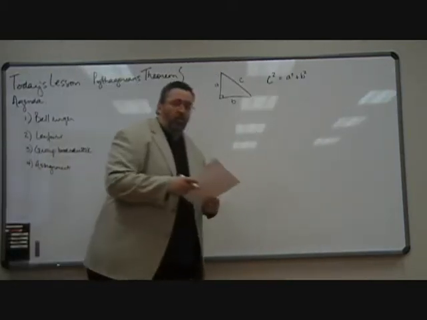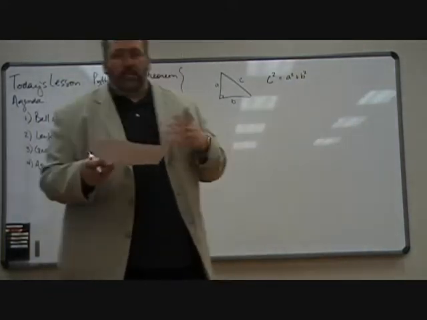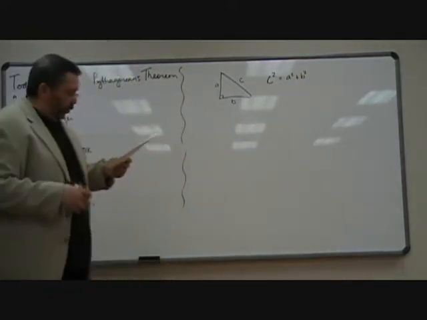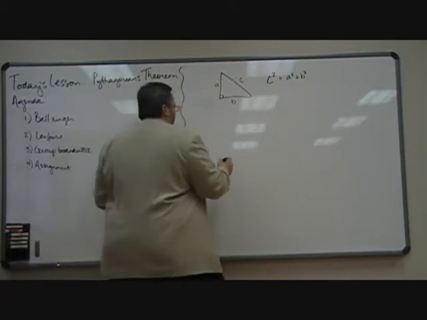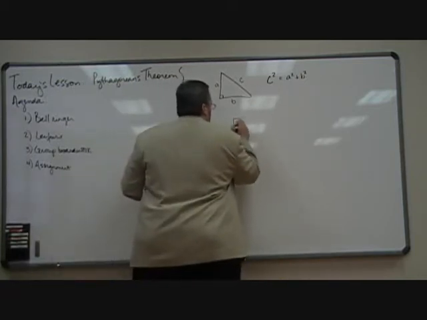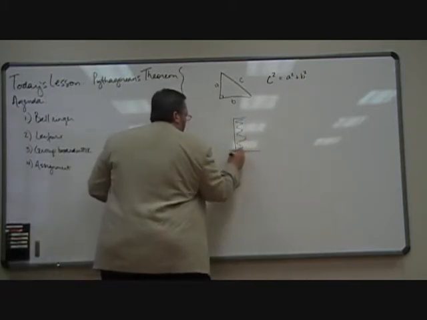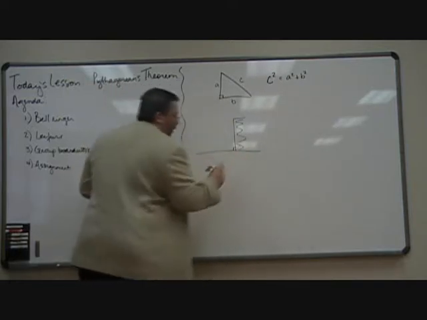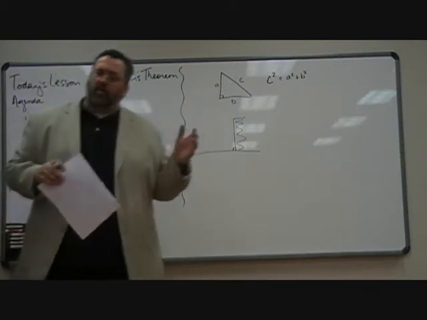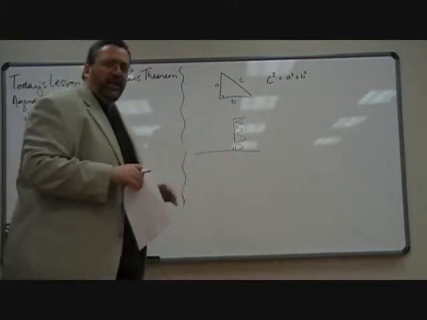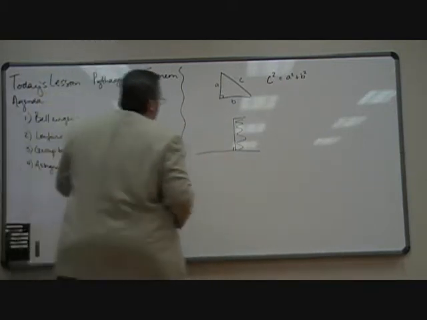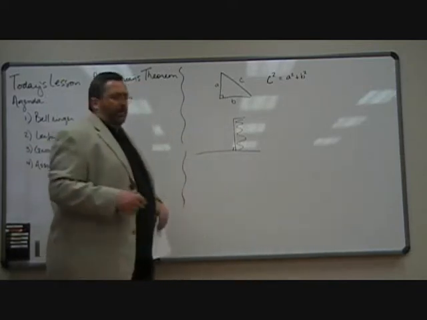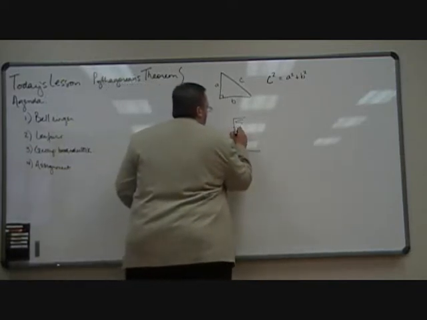Okay, let's take a look at one more example that's, in my opinion, a little bit more real world. In this case, let's say we have a wall over here, and of course it meets the ground. I think it's usually a pretty safe assumption that most walls connect with the ground at a right angle, give or take a little bit. But for the purposes of this sort of calculation, that would be fine.